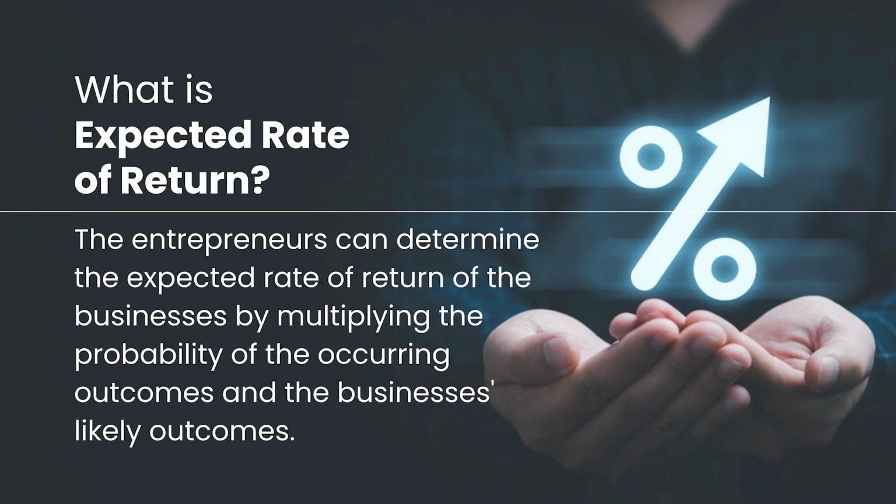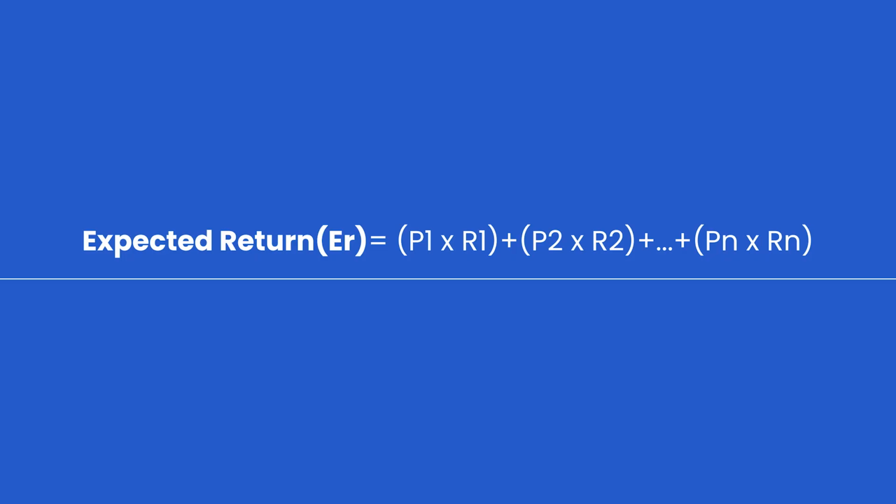How do you calculate the expected rate of return of your business? Firstly, you should think about the probability of the economic conditions that might occur, such as strong, normal, or weak economic conditions, and the expectations of the return under each economic condition. For example, during strong economic conditions, your business will generate profit.